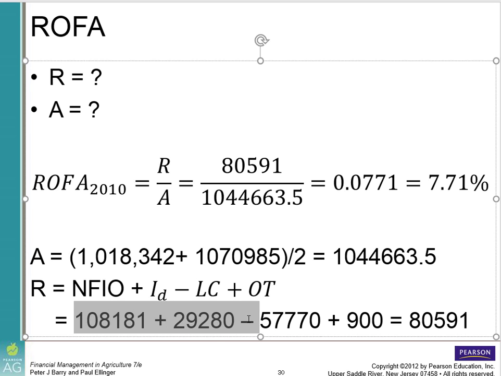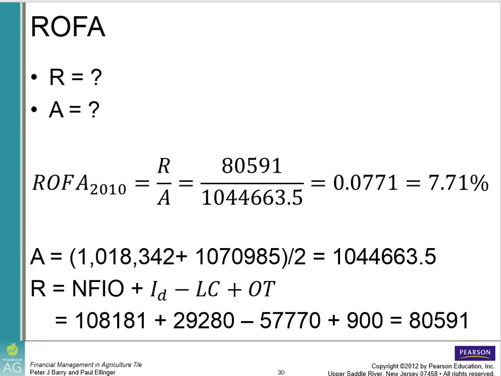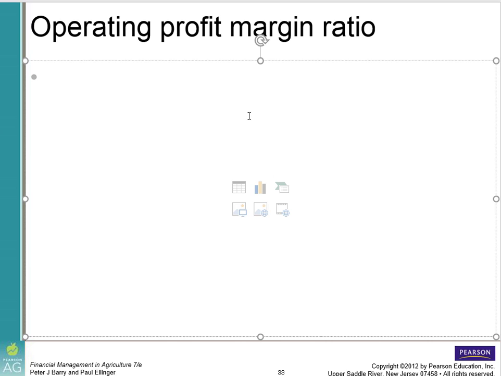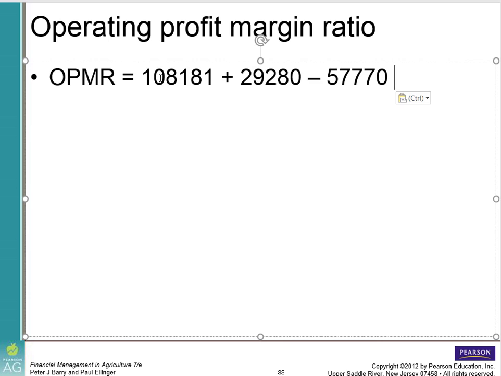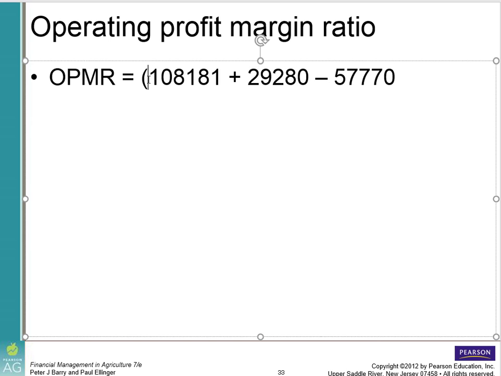So I'm going to go ahead and take this, and then the OPMR ratio is this term, divided by value of farm production.